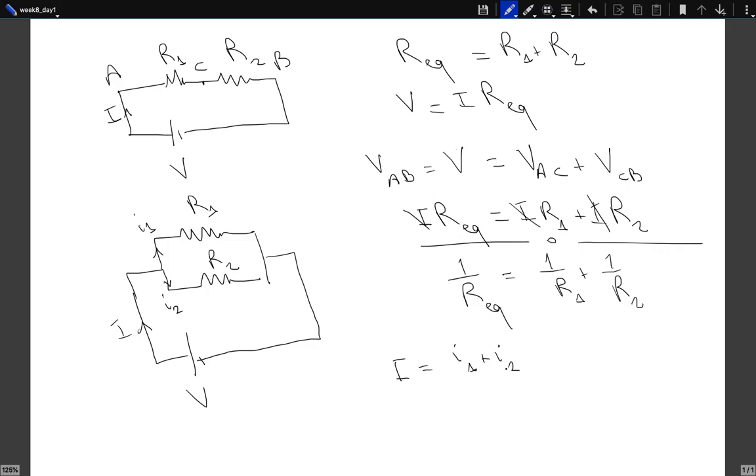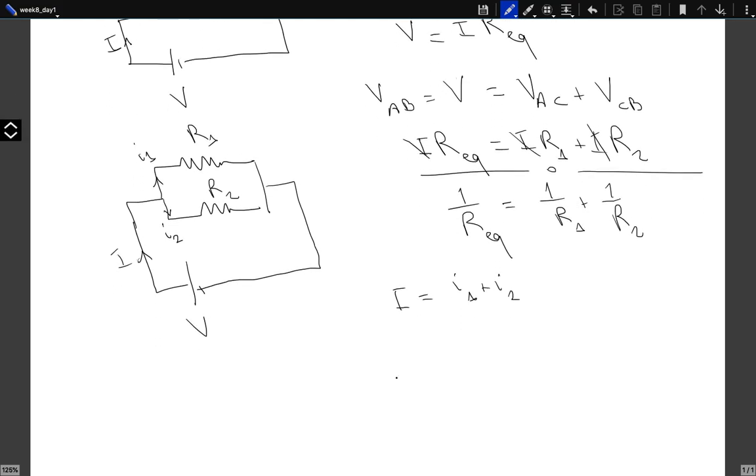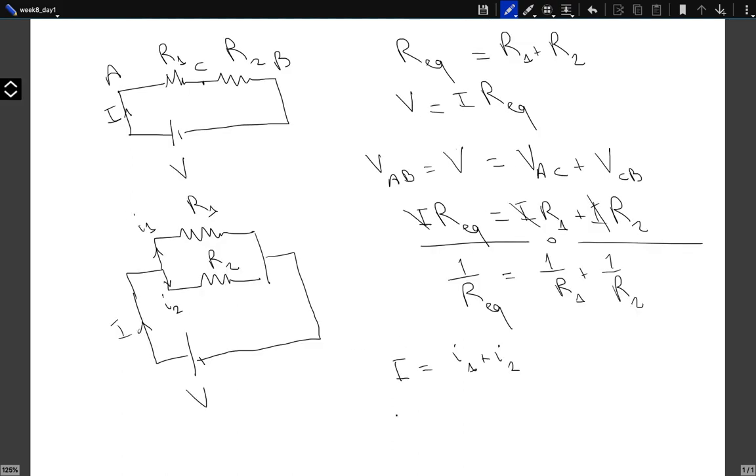Because if you consider the current as the motion of charges, when the charges are moving along this wire, when they come here, some of them will go up, some of them will go down. The sum will be conserved. The number doesn't change. And at the same time, we know that the current running through the circuit should be V over the equivalent resistance, whatever it is.